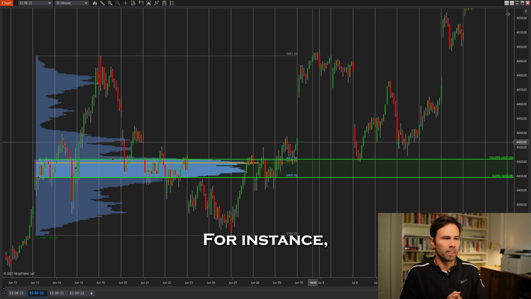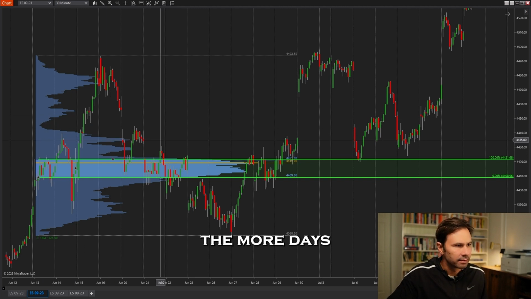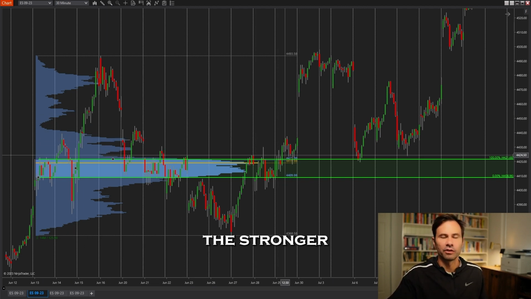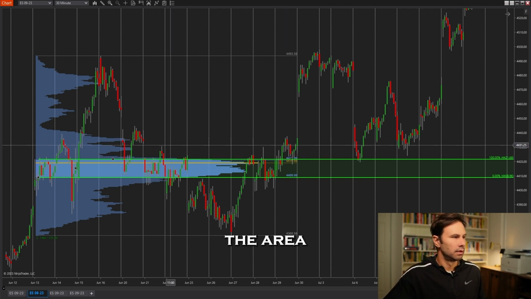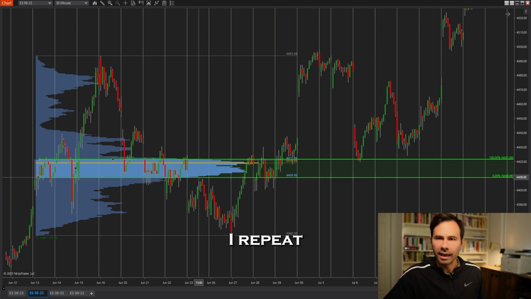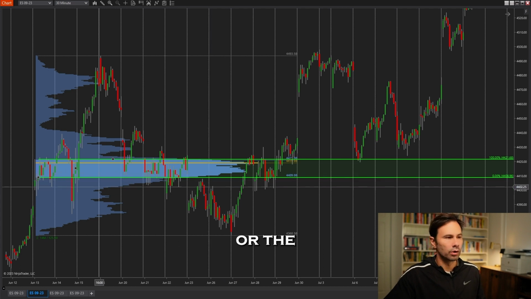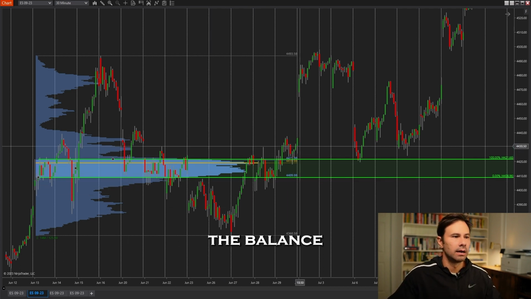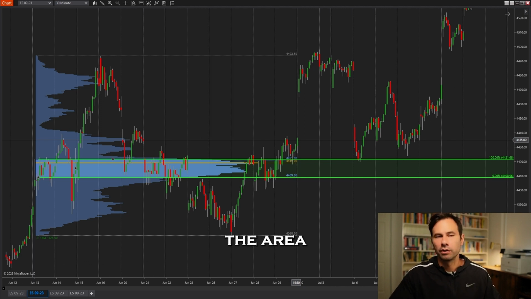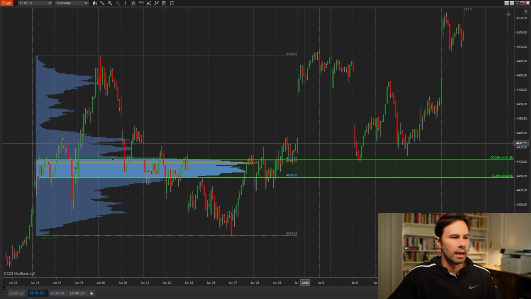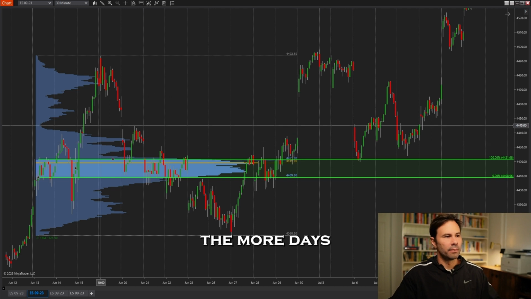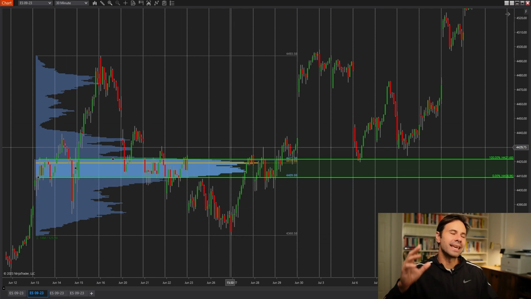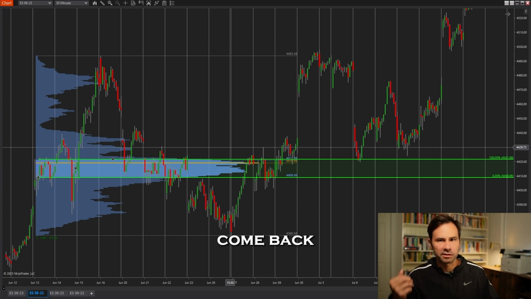For instance, the more days or the larger the balance, the stronger the area. The more days, I repeat, the more time the balance is, the stronger the area. And also, the more days the balance area is, the more time I can take till prices come back.